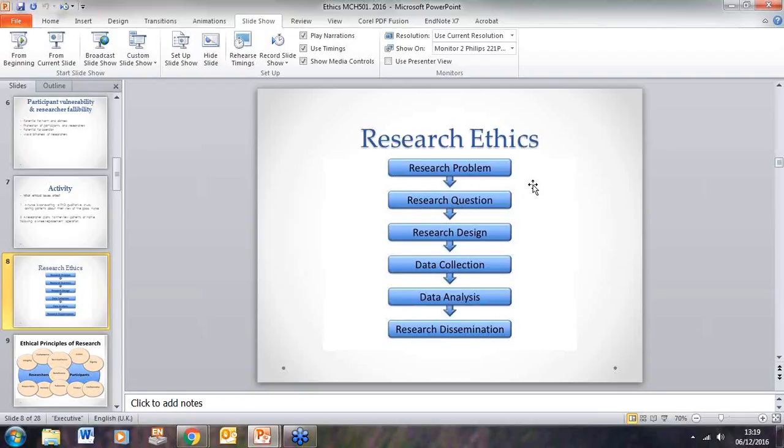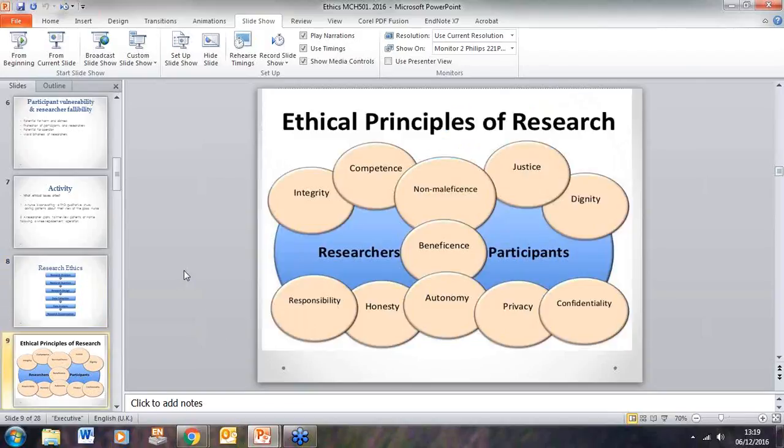And all of those different phases of your research study need to be managed and controlled by ethics. And some of the ethical principles that we think of are about integrity and competence, non-maleficence, beneficence, autonomy, honesty, responsibility, or privacy, confidentiality, justice, and dignity.